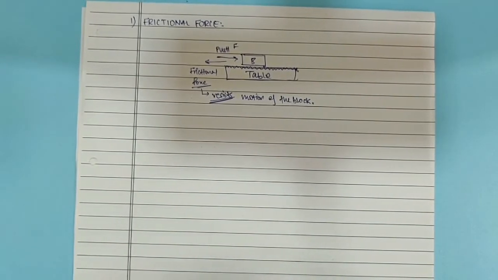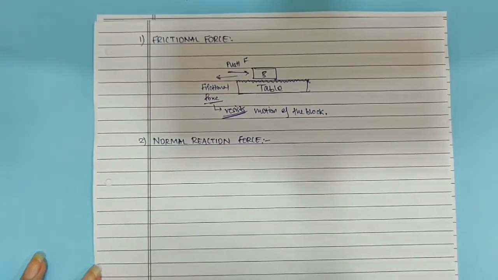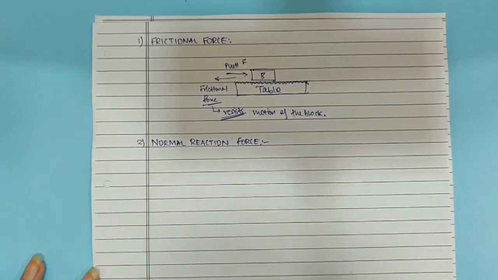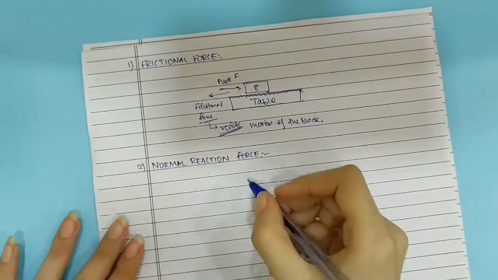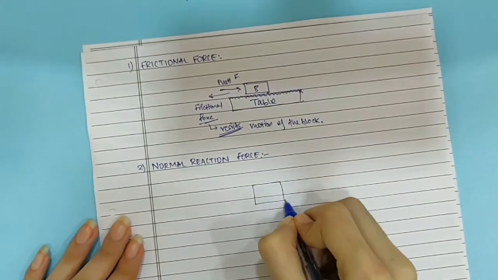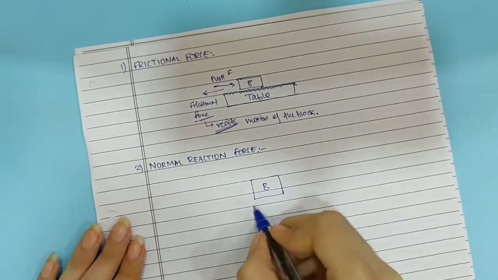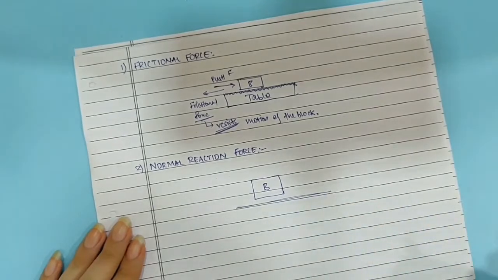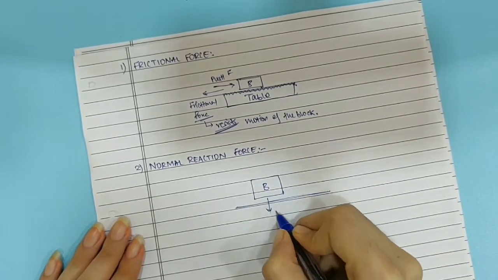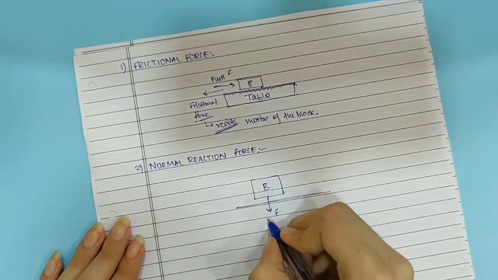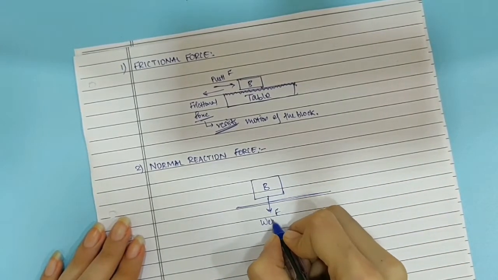Next we'll go to the force called the normal reaction force. So what does a normal reaction force say? Supposing there is a body which is kept on the surface, this body exerts a force which is equivalent to its weight.